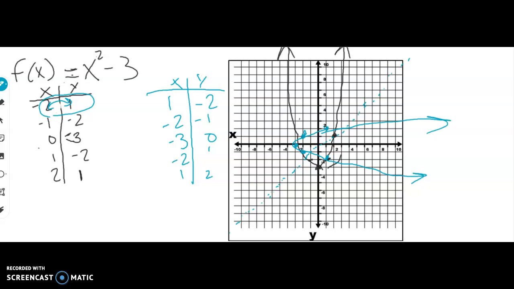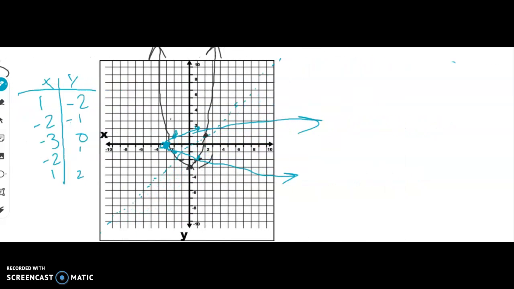Another thing we can notice is that our inverse is technically not a function. If you do the vertical line test, as you can see here, it will pass through 2 points, all the way through the graph, with the exception probably being this endpoint right here. Because of that, our inverse is not a function. We have a new definition for our functions. We can say that our original function, x squared minus 3, is not 1 to 1.